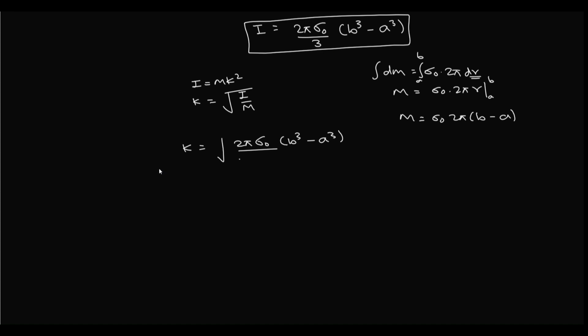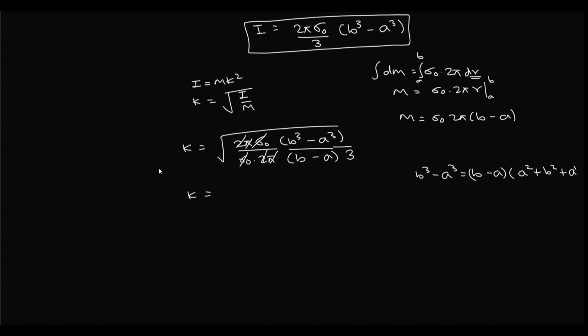M is sigma naught 2 pi, b minus a. So this 2 pi sigma naught would get cancelled. This k can be written as, so here 1 over 3, and b cube minus a cube. We know this formula: b cube minus a cube is written as b minus a into a square plus b square plus ab.